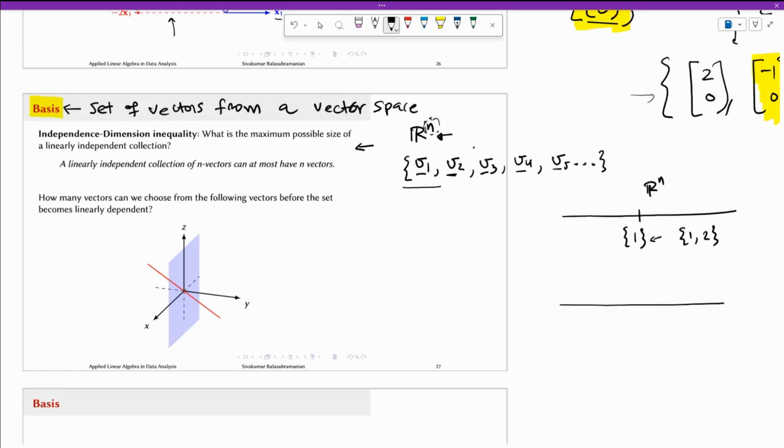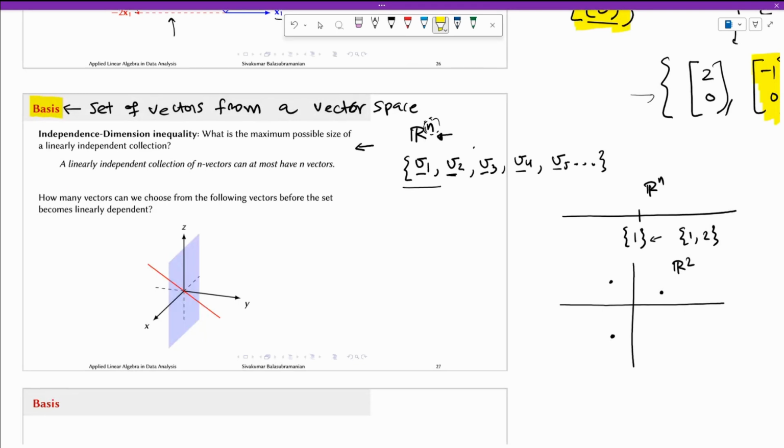Similarly, in R2, I can choose two elements that are not collinear and form a linearly independent set. The moment I add a third element, the set will be linearly dependent. Similarly, in R3, you can at most choose 3 and form a linearly independent set. The moment you add a fourth element, you become linearly dependent. So that's what is written here.